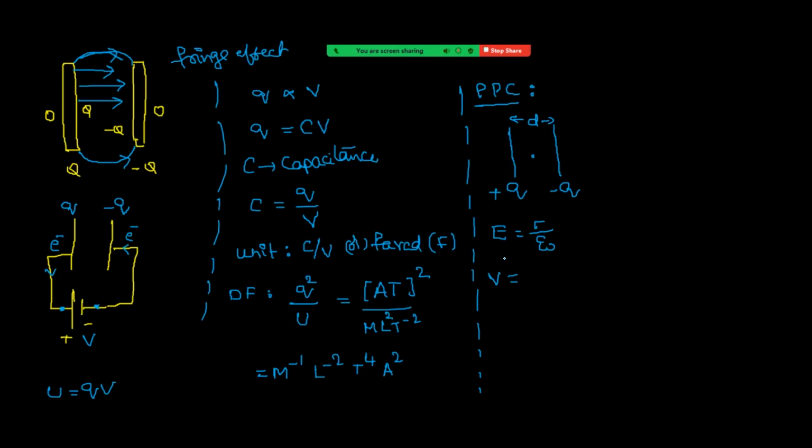When the field is uniform between the plates, the potential difference equals the field into the separation between the plates.